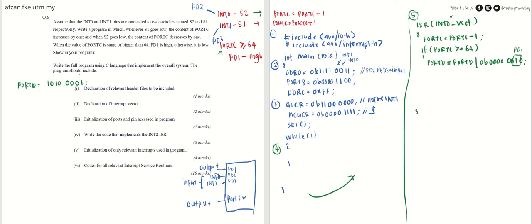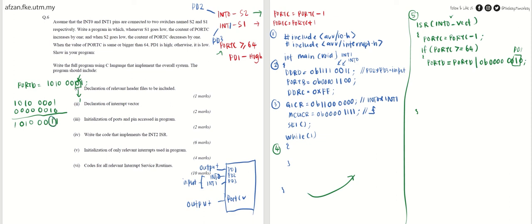Now I just want to change this bit from 0 so that it becomes 1. So what happens is I OR it with this value: 1010 0001 OR with 0000 0010. So this becomes 1, giving 1010 0011.